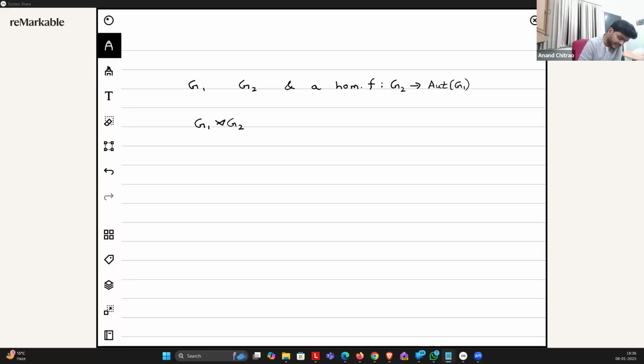Set theoretically it's the same, (x, y) in G1 cross G2, but the operations are slightly twisted. So if you start with (x, y), then (x', y'), think of it this way.